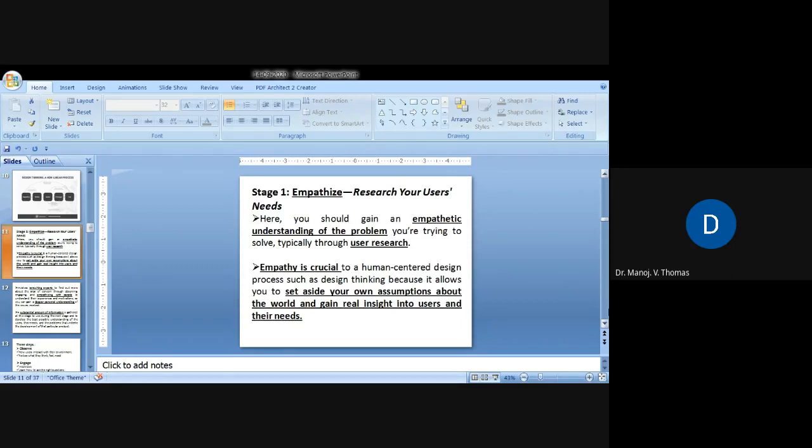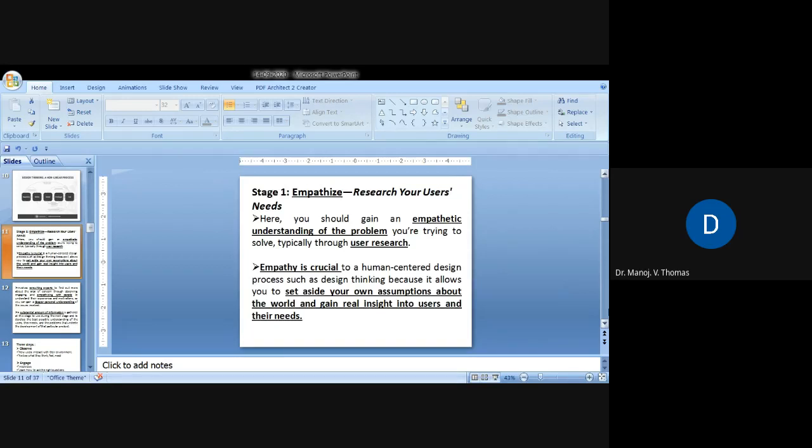But when you empathize with him, you step into his shoes and look at things from his perspective. You start to feel the pain as if it is yours. When you feel that the pain felt by somebody else is yours, then you will start thinking or working towards solving it. So that is empathy, a higher degree.